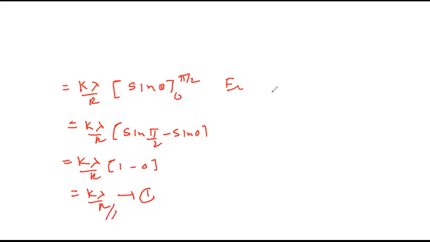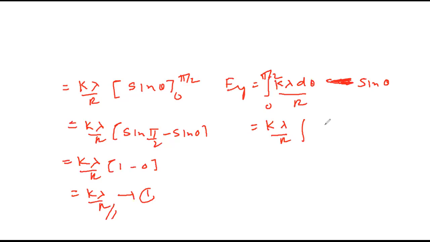Ey is integration of dE, which is k lambda d theta by r into sine theta. So again 0 to pi by 2 is limit of integration. K constant, lambda constant, r constant, integration of sine theta d theta from 0 to pi by 2.